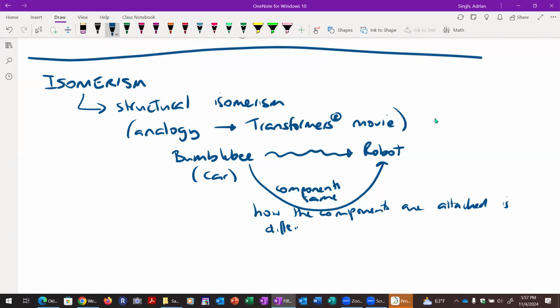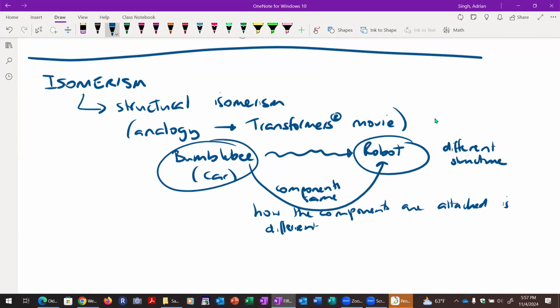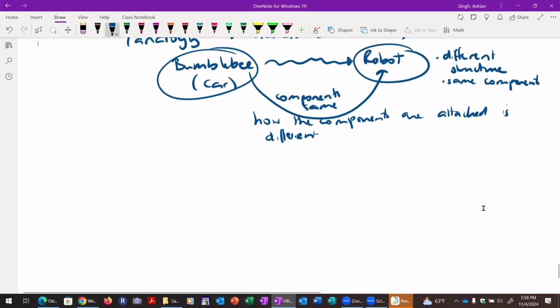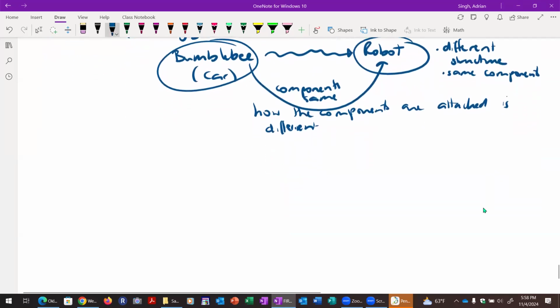As a result, the robot has a different structure compared to the car, but it has the same components, the same building blocks. That's the exact thing that's going to happen when we talk about structural isomers in chemistry, just like the Transformer does, but on a much, much smaller scale.